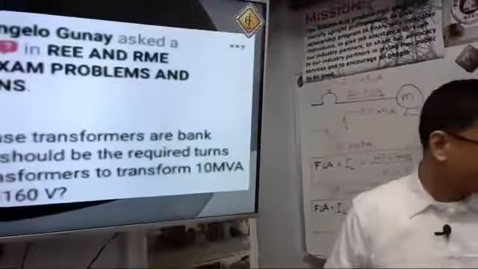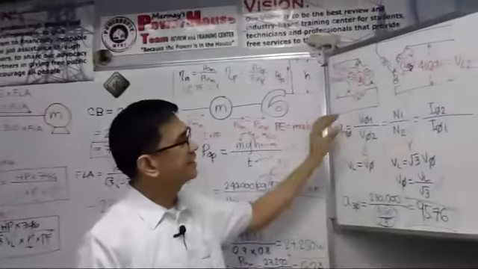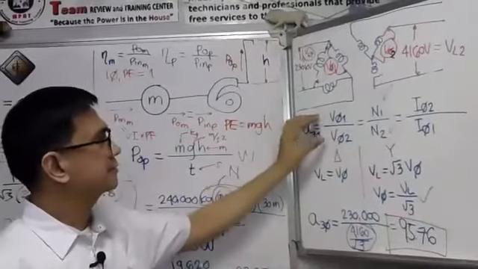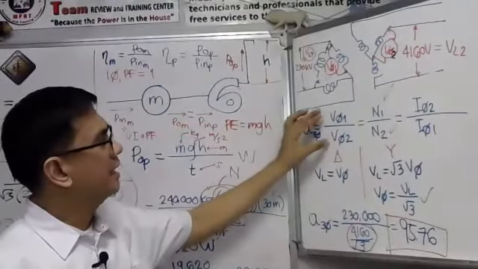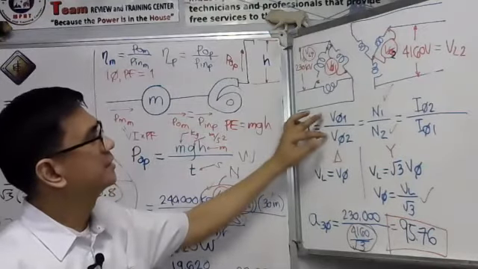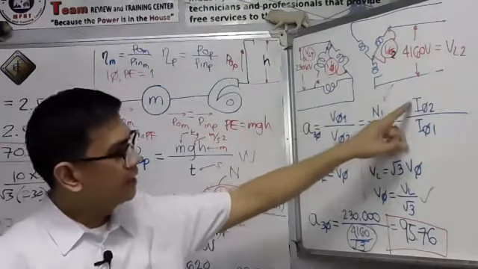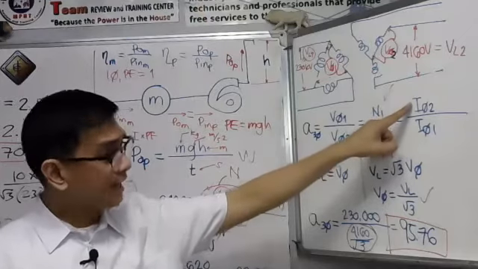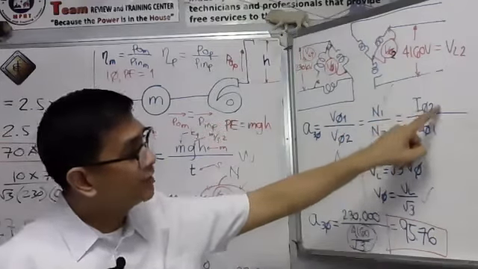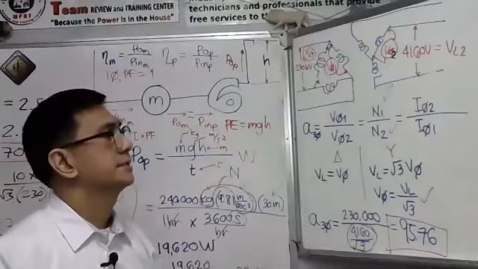Always remember that our basis is the phase voltage, the phase value. So we have here the phase current on the secondary side divided by the phase current on the primary side.